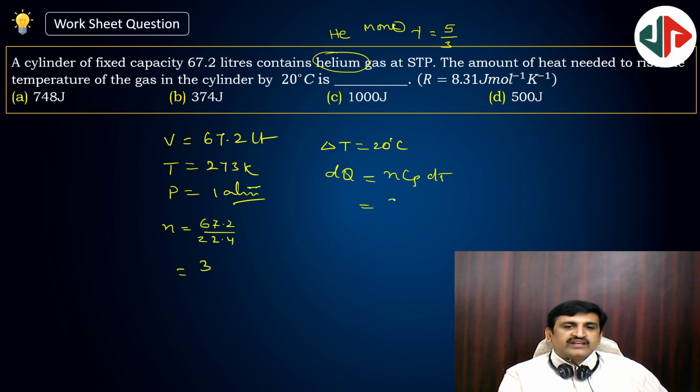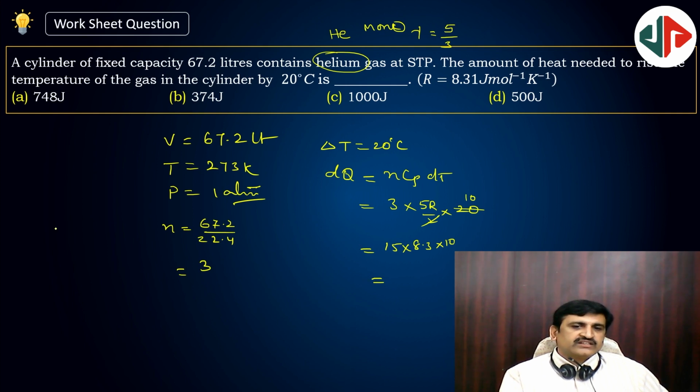So n is 3, Cp is equal to 5R by 2, and dT is 20. This will go 10 times. So 3 5s are 15, 15 into 8.3 into 10, around 1200.